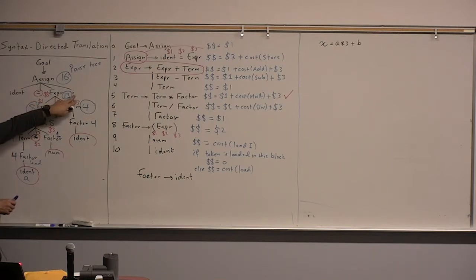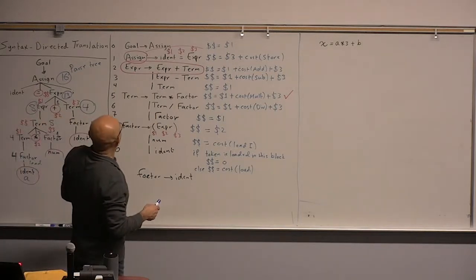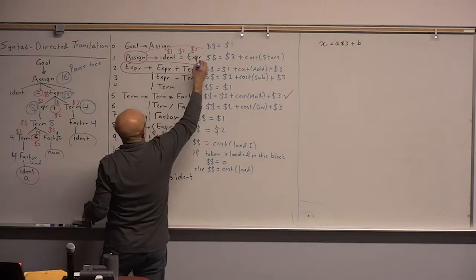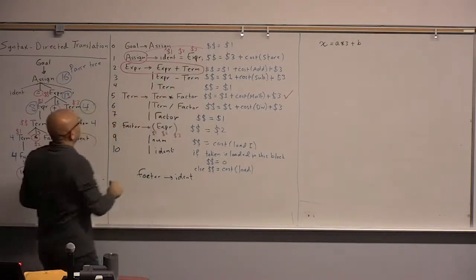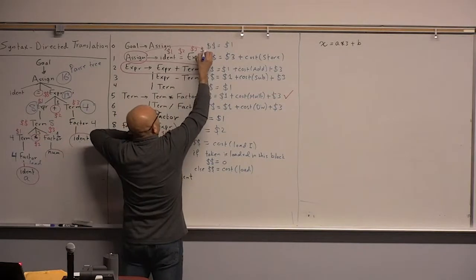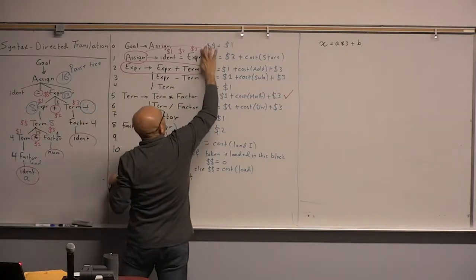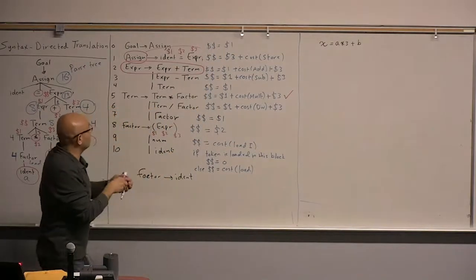And in fact, $4 is the semicolon. So we have a semicolon here, but it doesn't matter. So the semicolon is going to be $4. Don't forget any symbol. Here, this symbol does not matter.